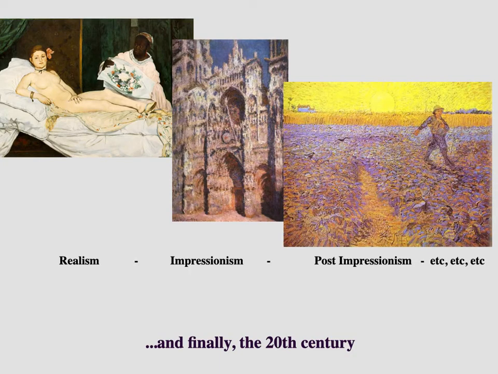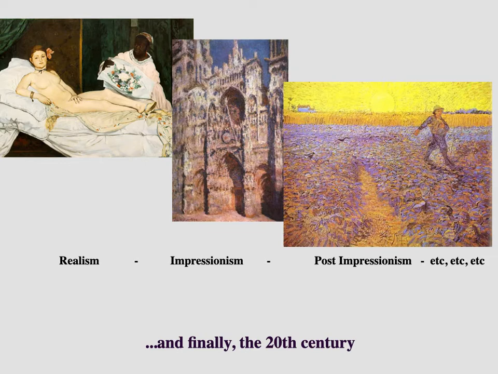And these very rules seem to break down little by little through the latter part of the 1800s, from the flattening of space, of realism, through the exploration of the fleeting impression of light in impressionism, to the psychological intensity and heightened color of the post-impressionists.